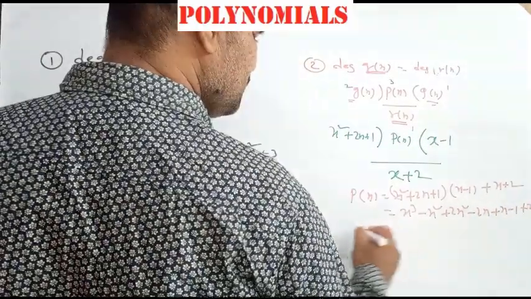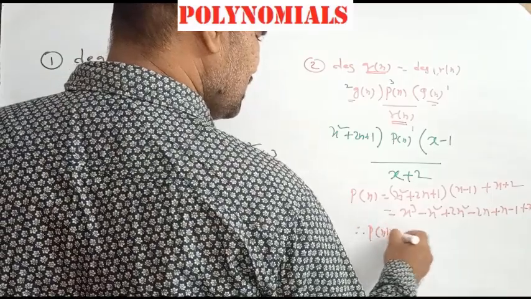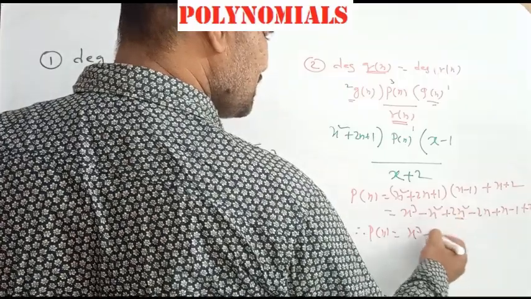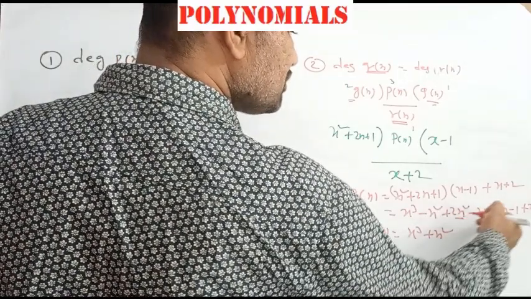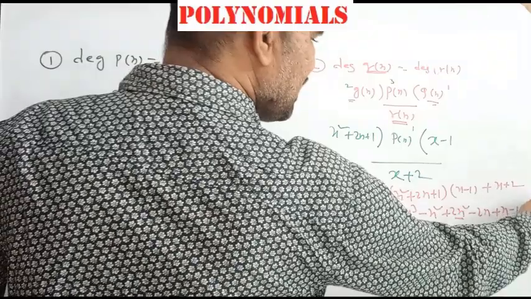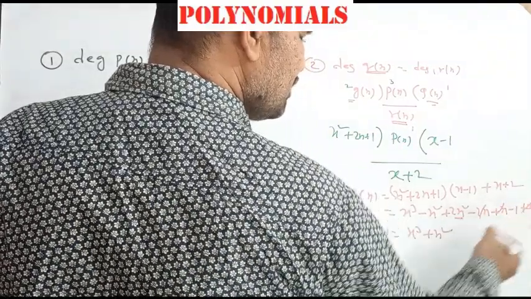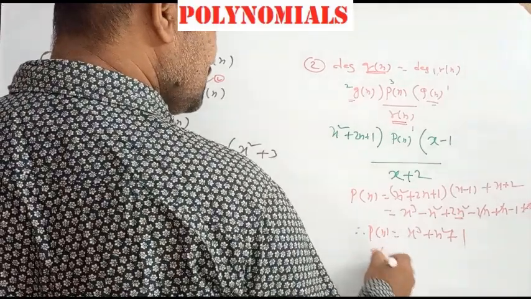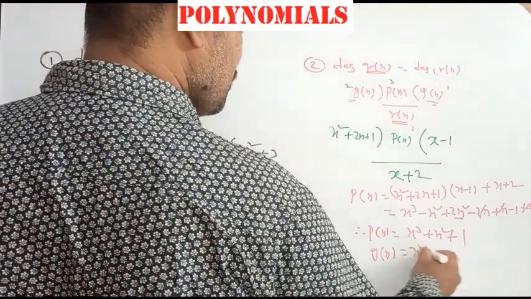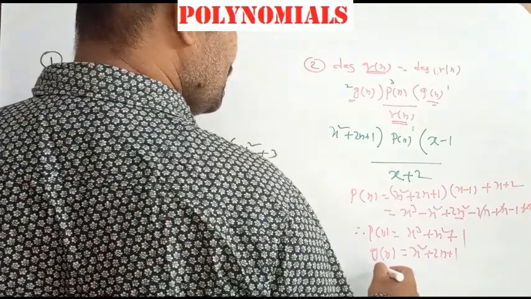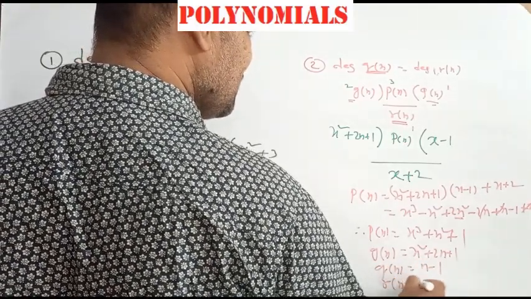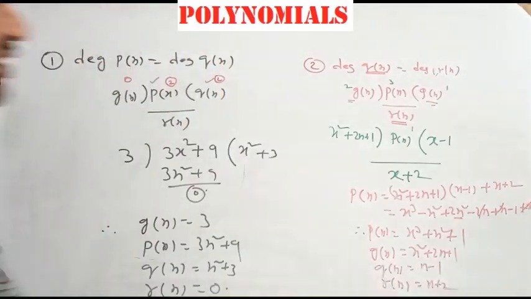So finally p of x is nothing but x cube plus x square plus 1, since the x terms cancel. This is p of x. So what is g of x? g of x equals x square plus 2x plus 1. What is our q of x? That is x minus 1. What is our r of x? x plus 2. So like that you can give several examples.